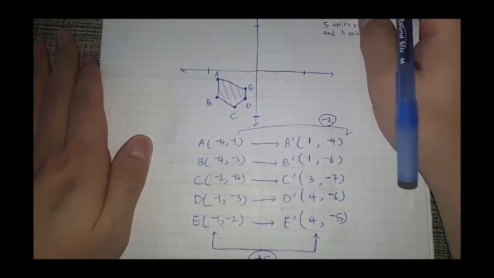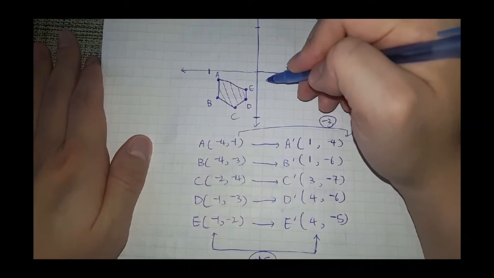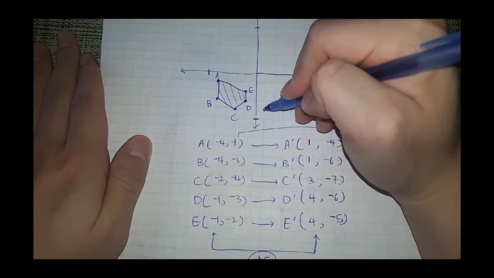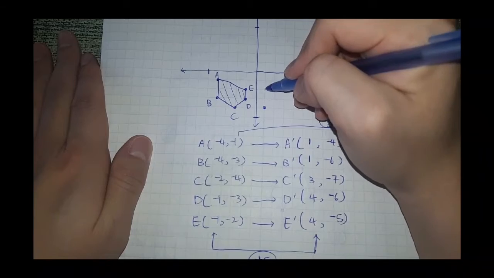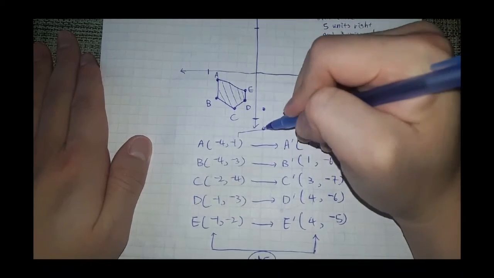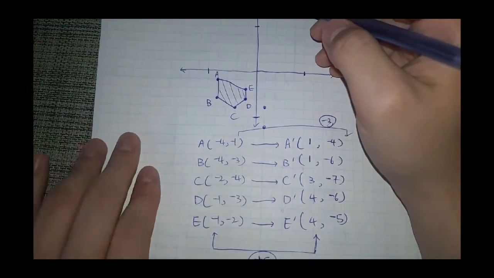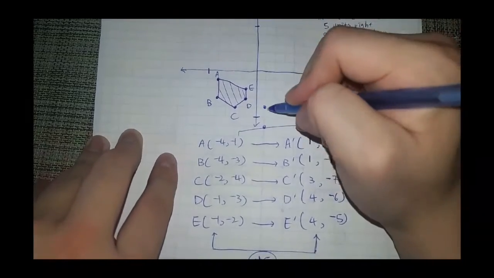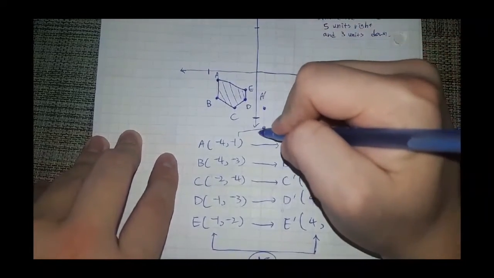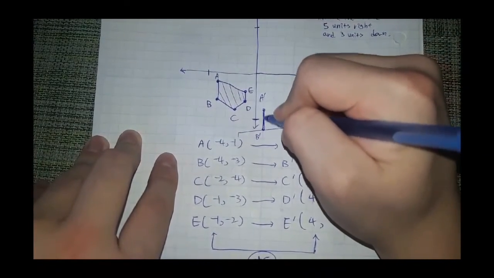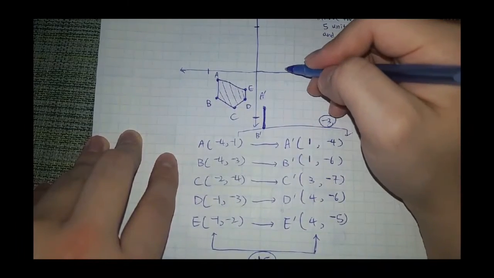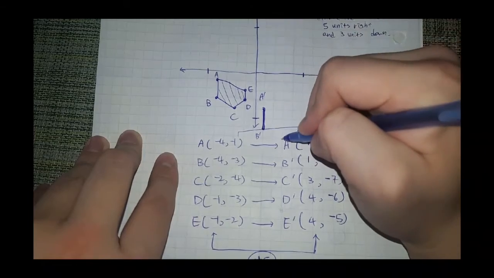Now that means A prime is 1, negative 4, counting 1 right and 4 down. Oh, the position is actually going quite low. A prime, B prime, C prime is 3 and negative 7.